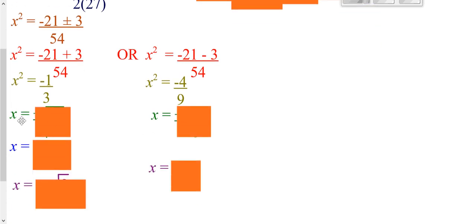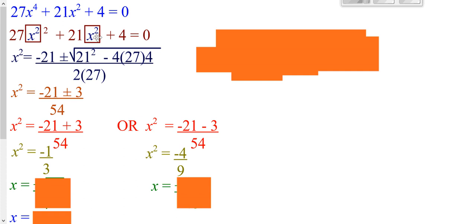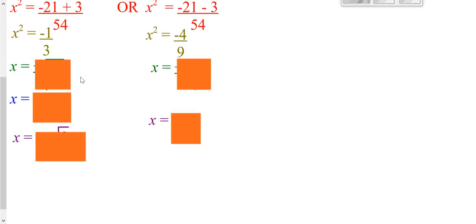So now I've got to finish getting x. If I hadn't remembered to write x squared each time, I probably would have stopped with these ugly fractions right here. But because I know I'm trying to get x, and I remember to write x squared each time, because that's what was in the box. It's always the smaller of the two exponents when you're dealing with a quadratic. Now we can take the square root of both sides.